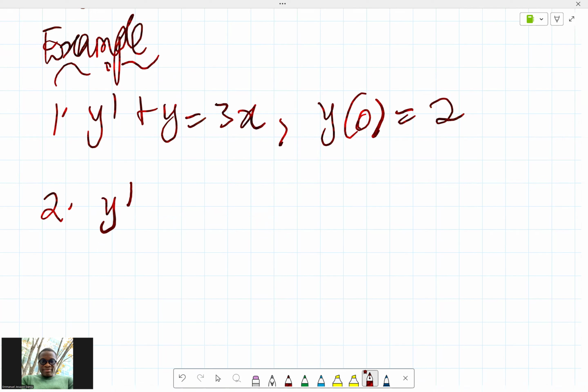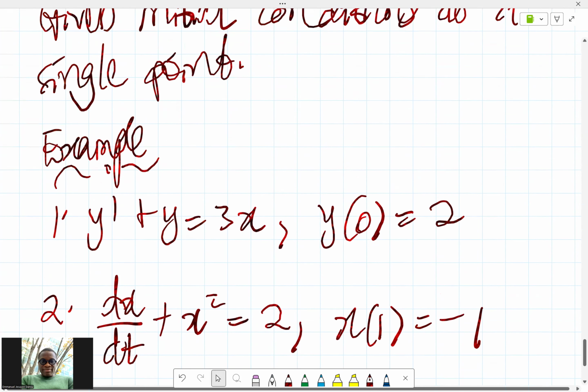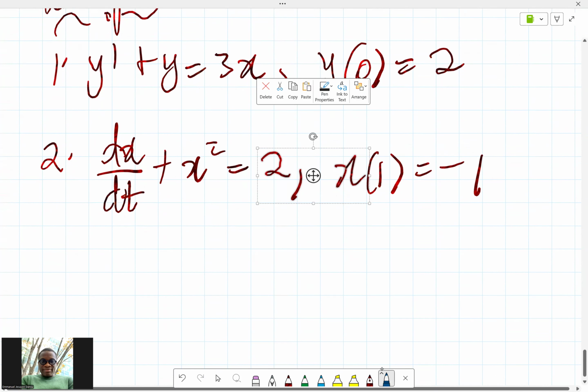Let's say you have dx/dt, so now the dependent variable is x. dx/dt plus x squared is equal to 2, and then you have x of 1 is equal to minus 2, or x of 1 is equal to minus 1, whatever. So this is an initial value problem. Now let's talk about boundary value problems.